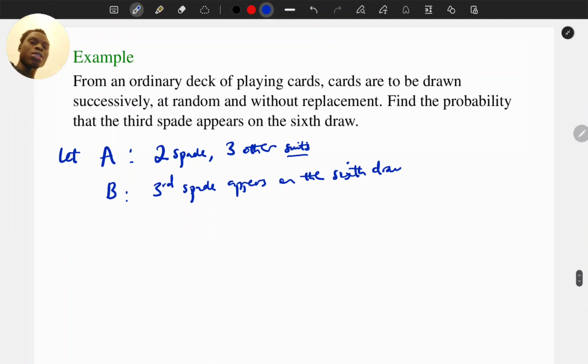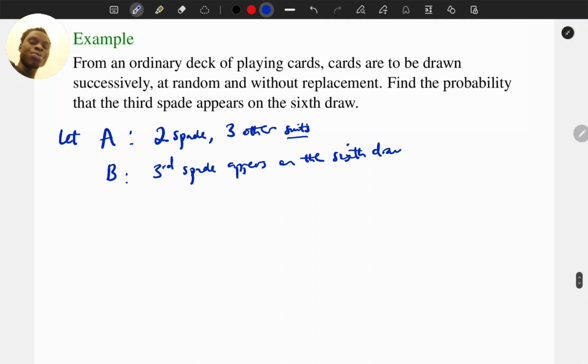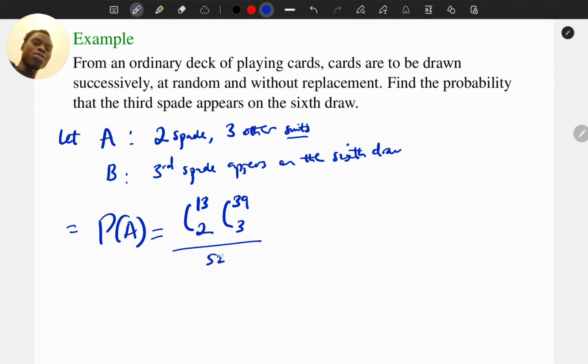That means in the first five draws we have 2 spades, so the probability of A: we have 13 spades, we pick 2, then we have 39 left, from which we pick 3, over 52 choose 5.